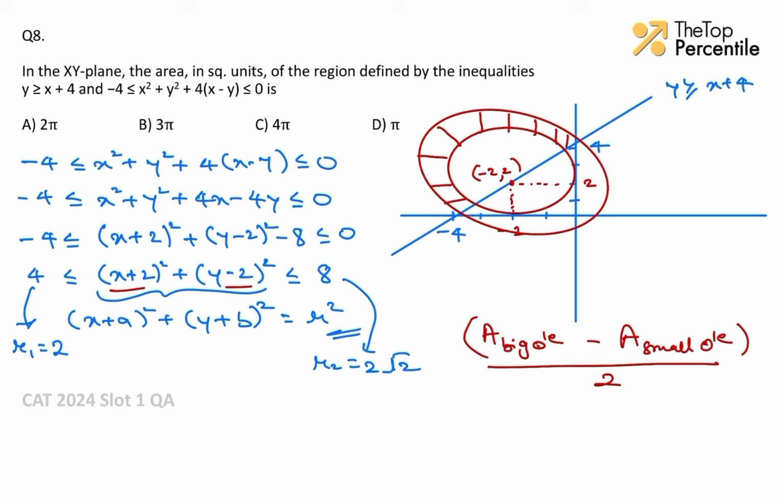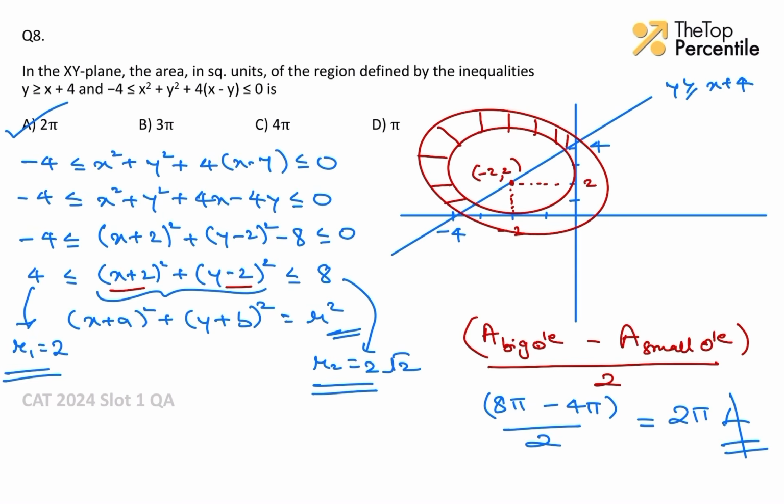So the radius of the bigger circle is 2 root 2. So pi r square will give me 8 pi minus the area of the smaller circle, which is 4 pi. This divided by 2 will give me 2 pi. This should be my answer, which is option A.